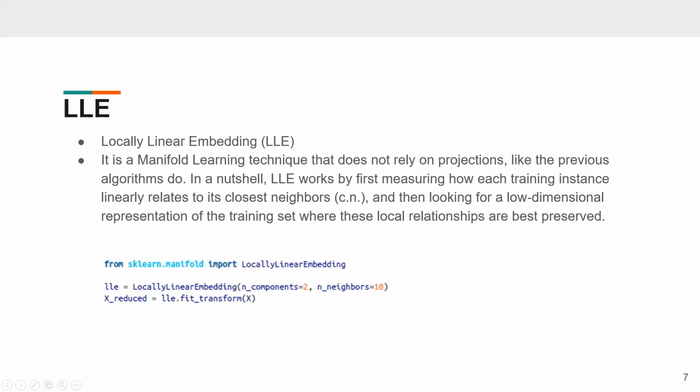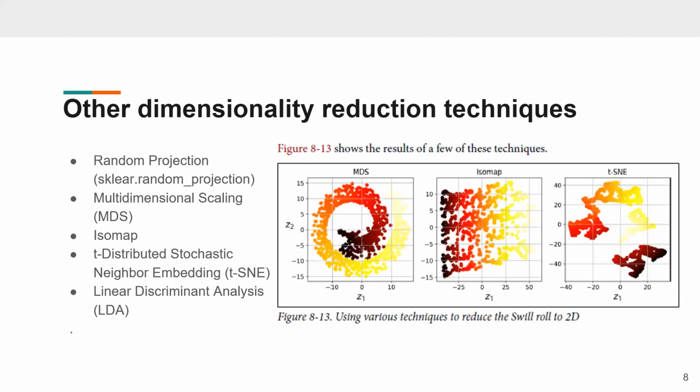There are more detailed discussions of the algorithm itself. You could read through and try to understand LLE. And then beyond this, we discussed PCA, kernel PCA, and LLE, and there are many other different dimensionality reduction techniques. Hopefully, down the road, you would be able to have exposure to all of them, or some of them at least.